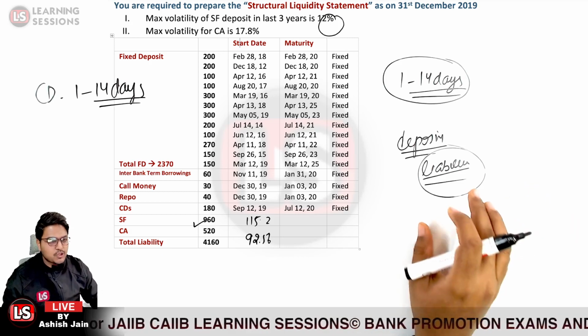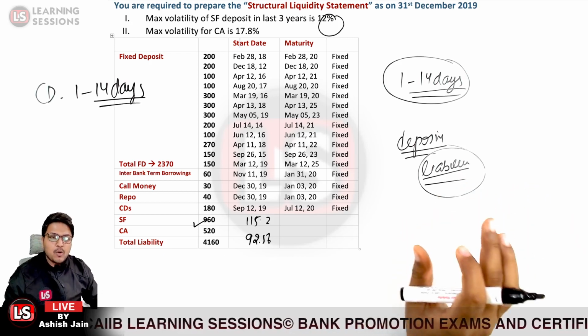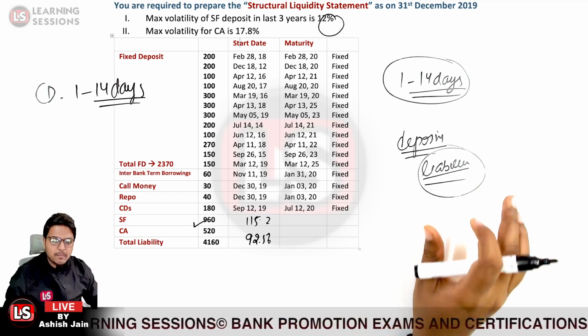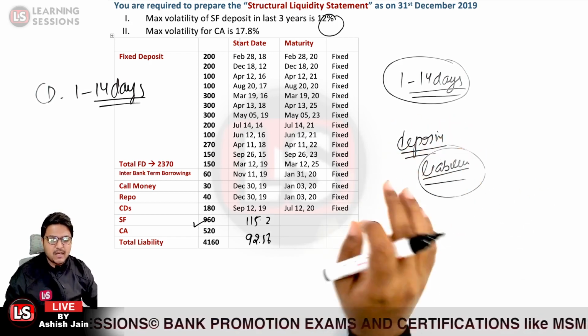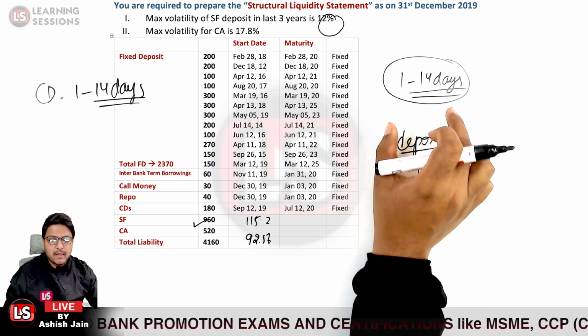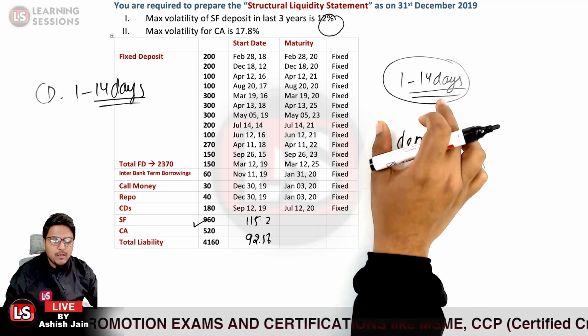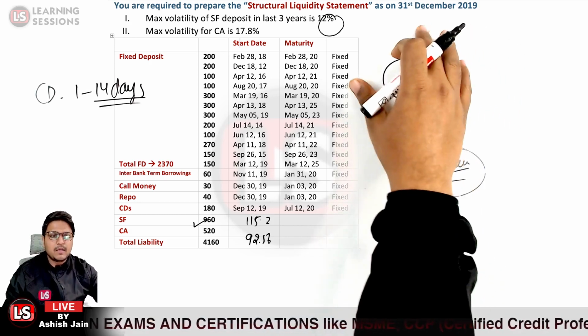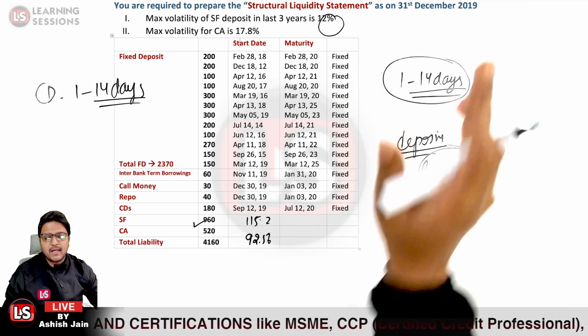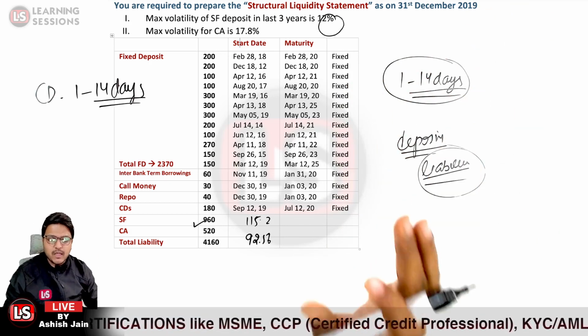And in the question, we were asked to calculate all the residual deposits which are to be placed under the 1 to 14 days bucket. So this 14-day period will start after 31st of December 2019, that is from 1st of January to 14th of January.